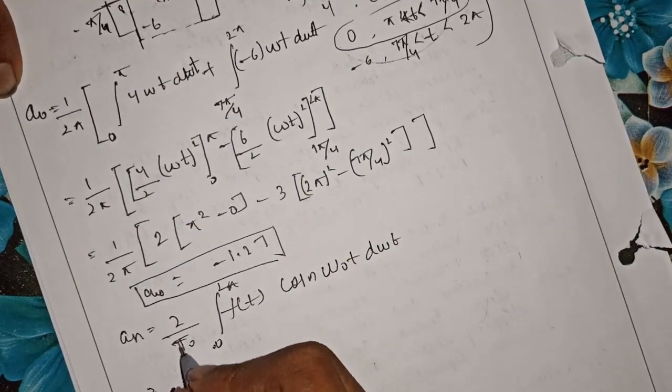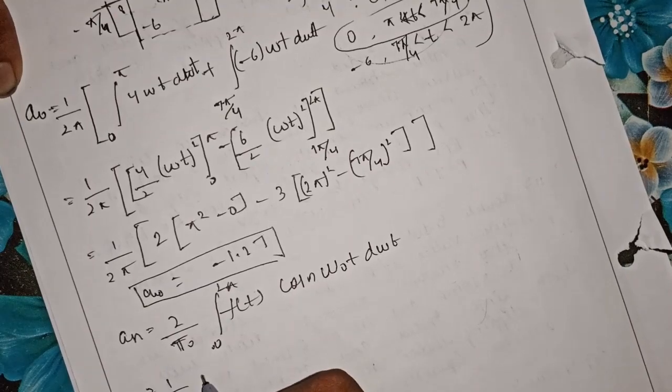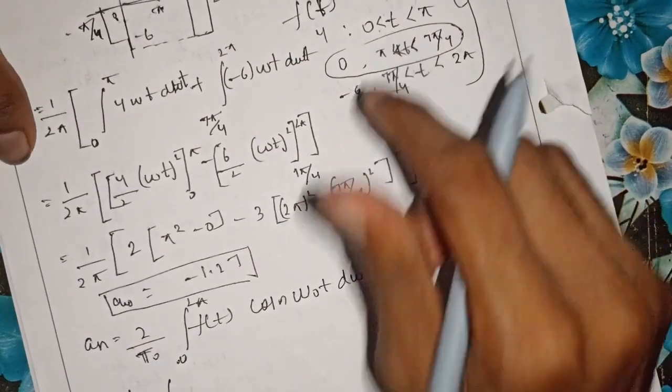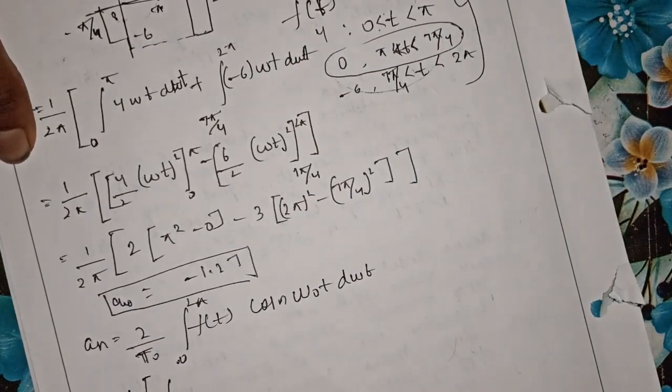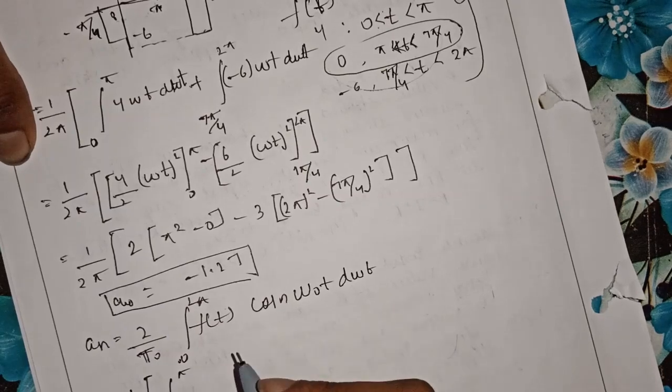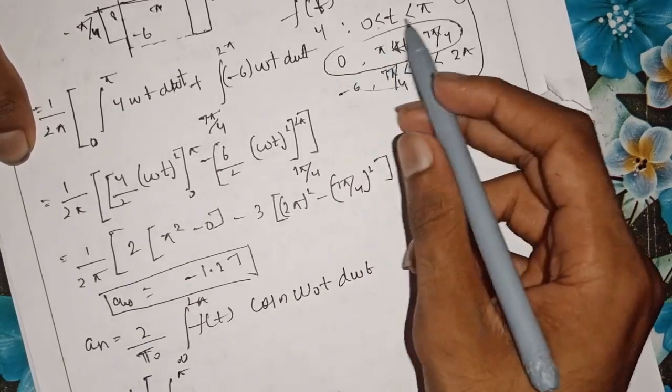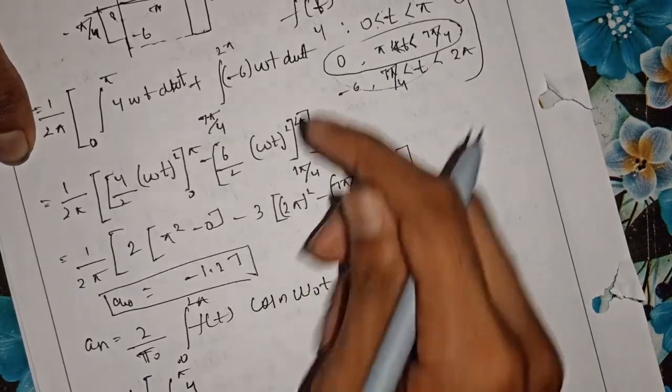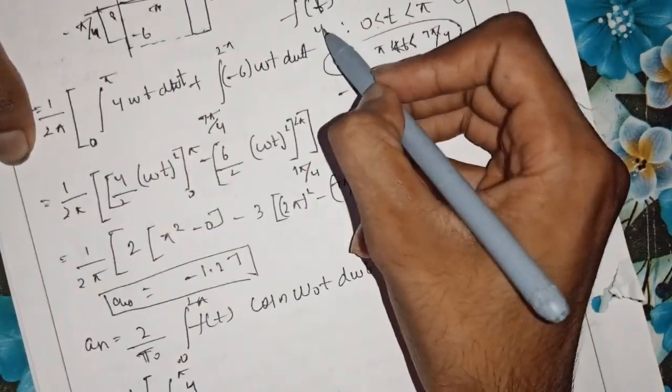You can just substitute 2 by 2 pi, which will give a value of 1 by pi, and then split the intervals. From 0 to pi, f of t is 4. The f of t values are 4, 0 and minus 6.